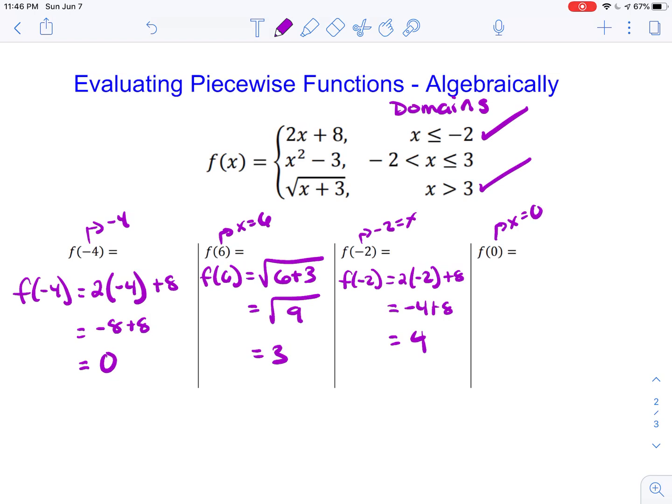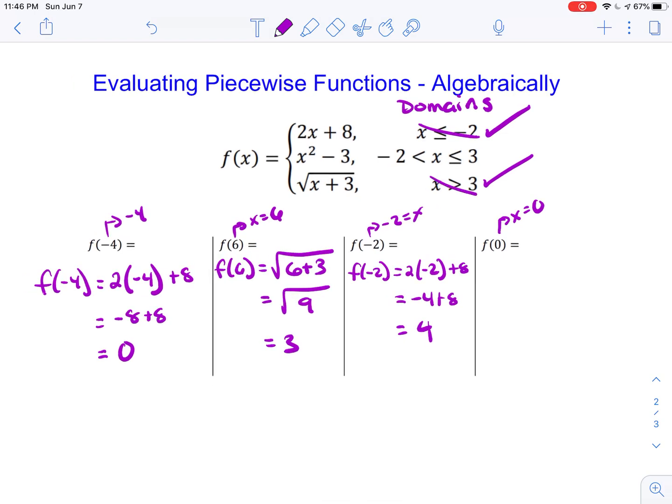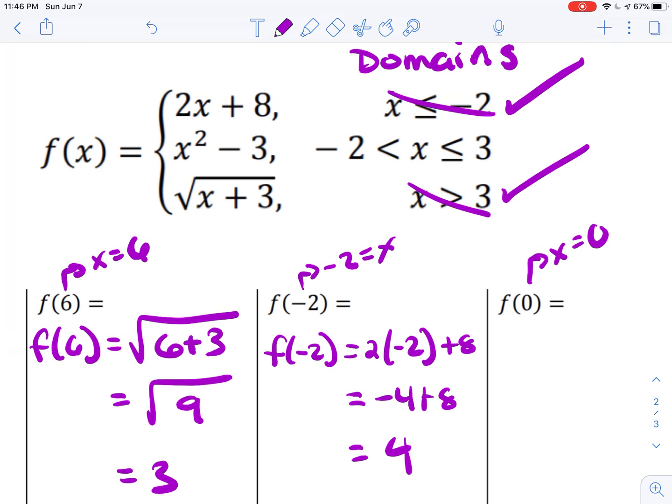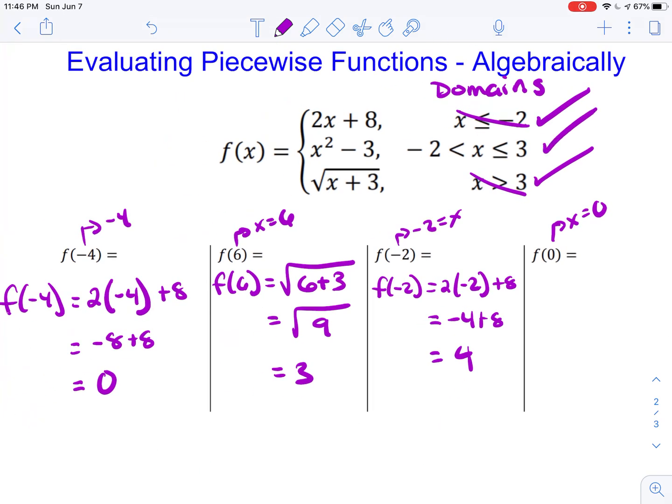Okay, so last but not least, we have x is equal to 0. Where does that fall? Well, it's not less than -2, so that's not going to work. It's not greater than 3, so that's not going to work. So we do notice that it falls in between -2 and 3. So that means I'm going to be using that middle equation.